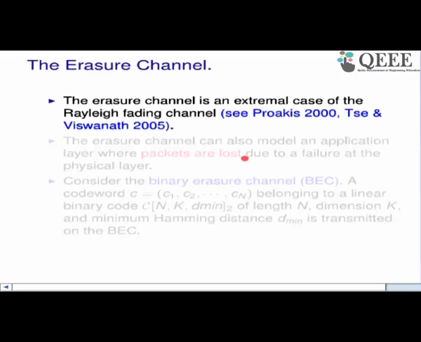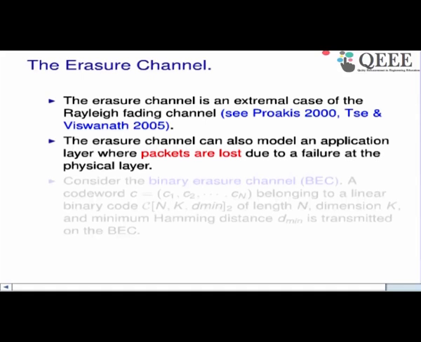So it's an extreme case. It also models the case wherein, at the application layer, if there is a packet loss, you can just say that the entire signal has been erased. So this also models that case. A very important channel used especially in the case of LDPC.